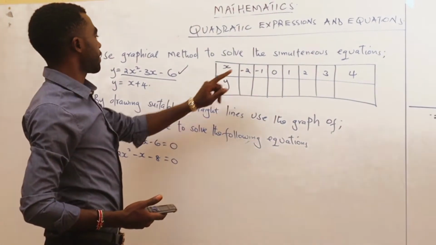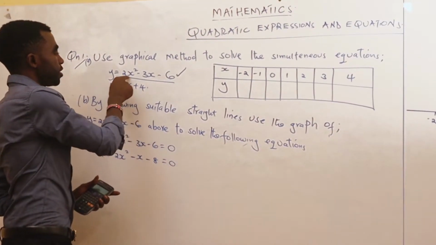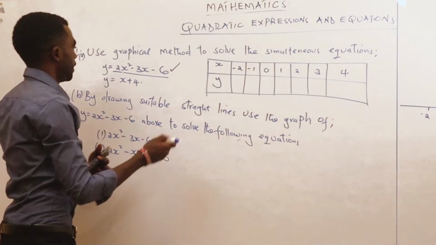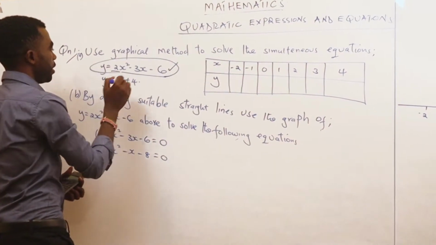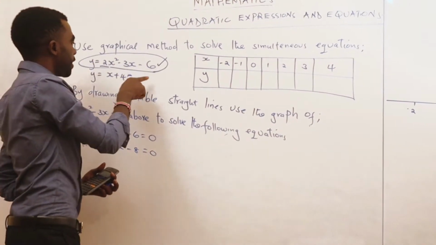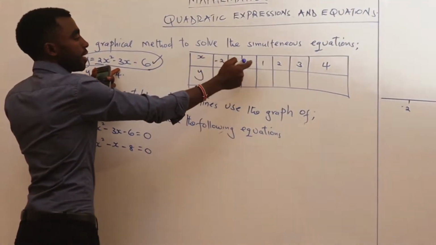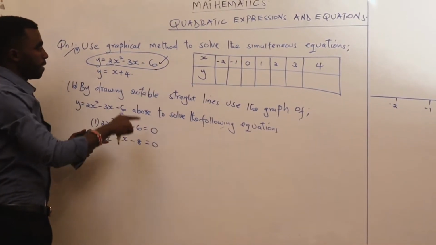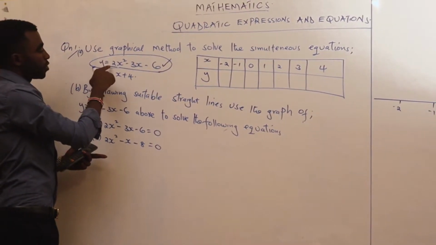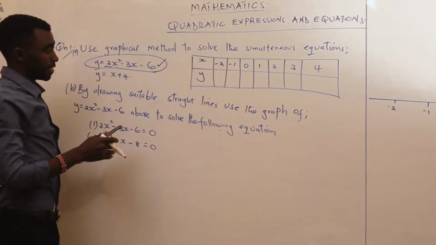Right? So when x is negative 2, what you do, you come to this equation you've been given here, students. This is the equation, the reference of the equation. So y is equal to everything here. Now we are going to substitute the value of x with every entry in this table of values. So y is equal to 2x squared minus 3x minus 6.